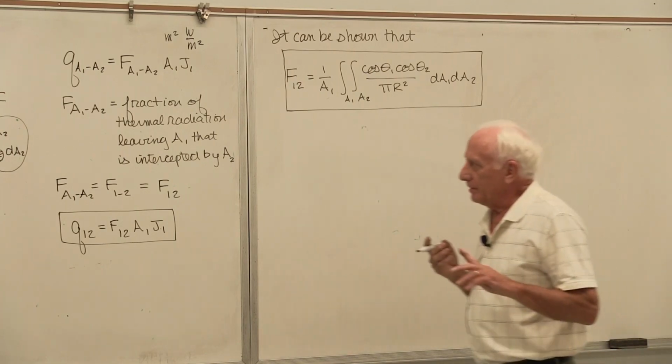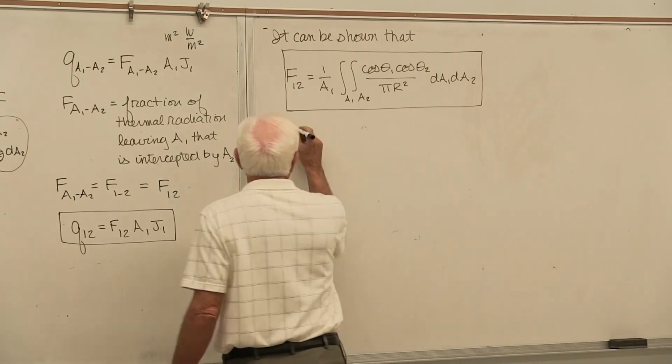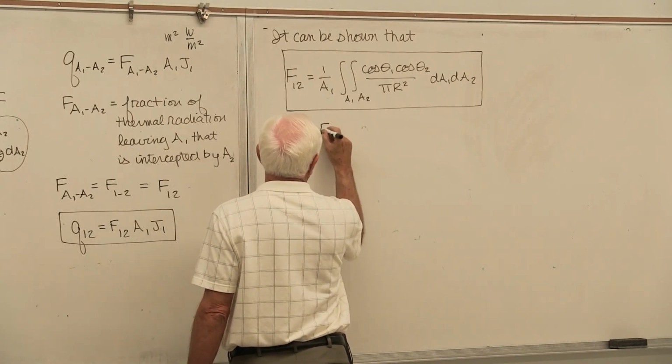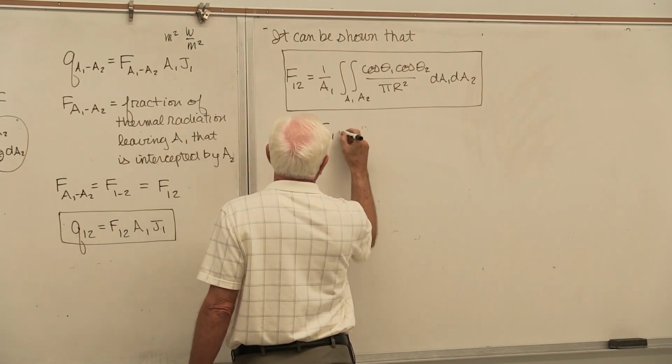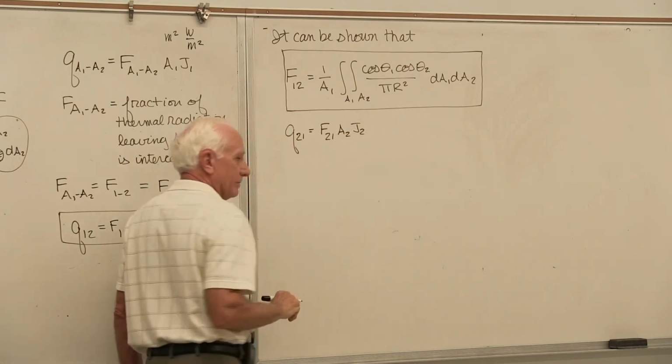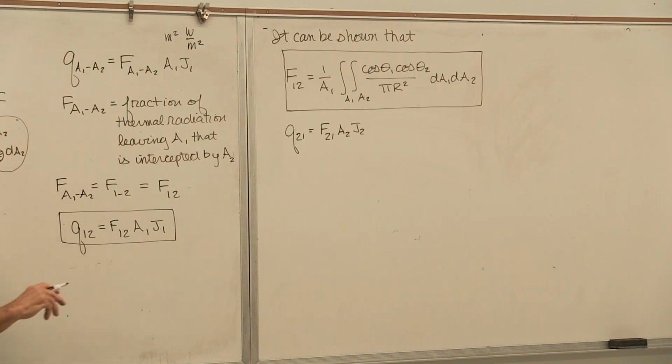Now we can play the reverse game. Q from 2 to 1 equals F21 times A2 J2. That's the fraction of energy leaving surface A2 that is received by or intercepted by A1. That's Q21.